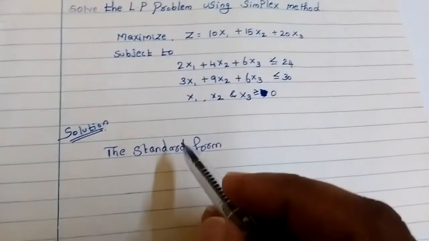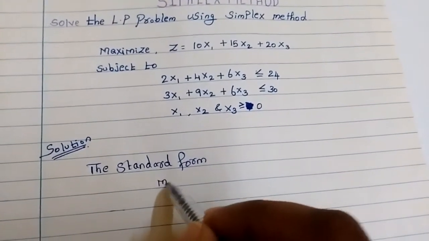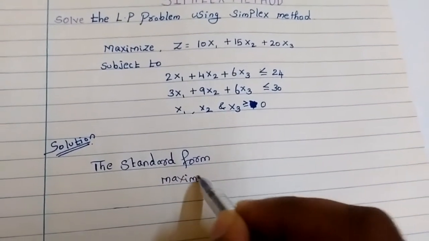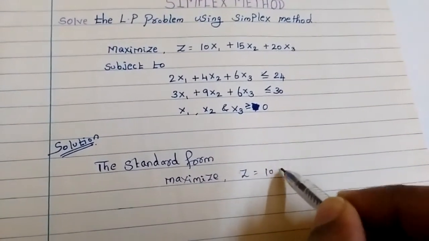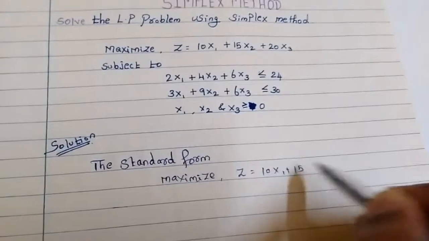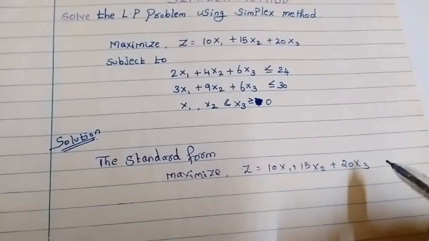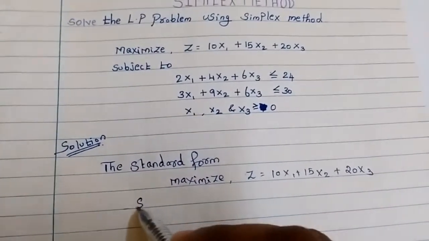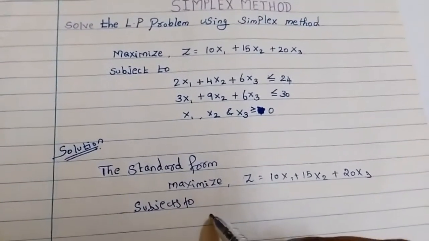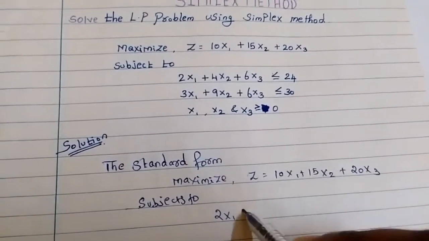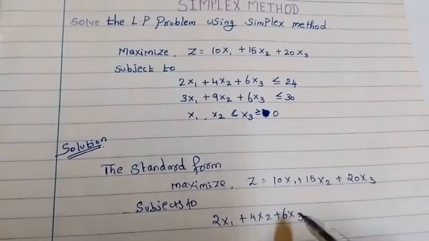Let's go to the solution. How to write the standard form: maximize, write the objective function as given, 10x1 + 15x2 + 20x3, subject to 2x1 + 4x2 + 6x3.